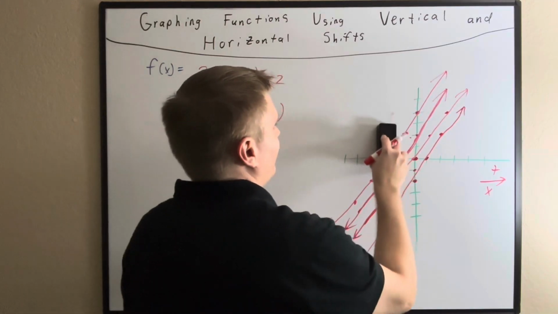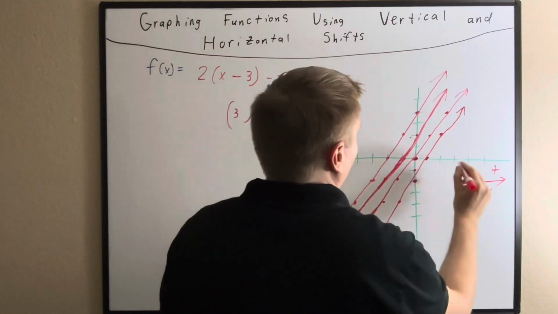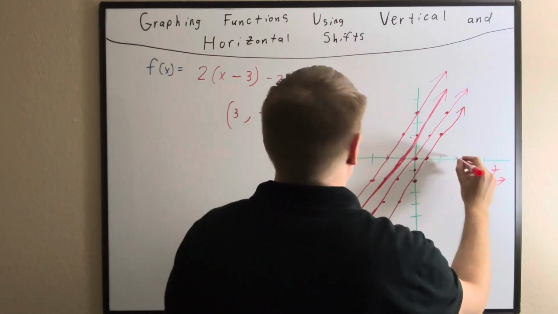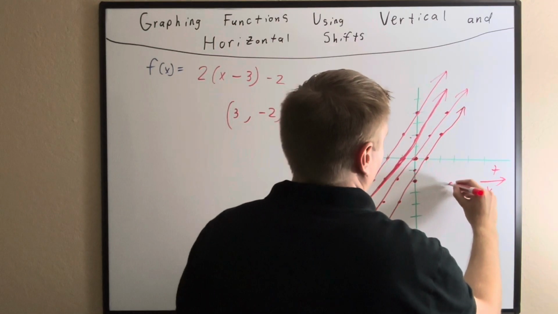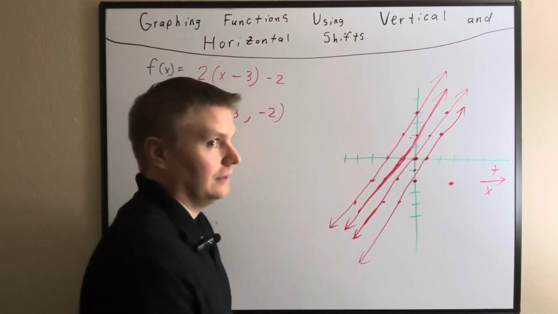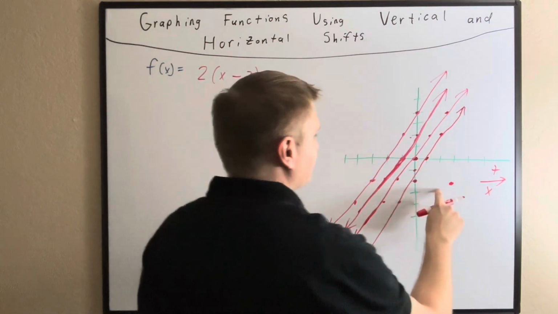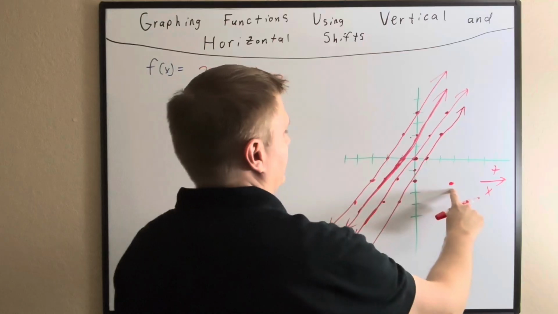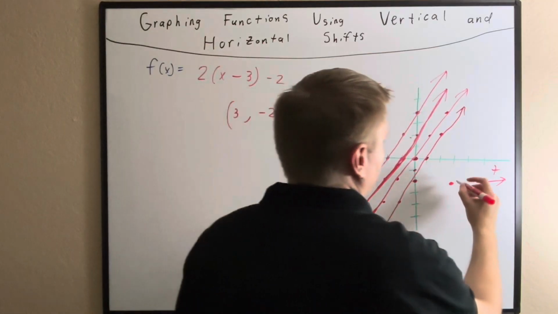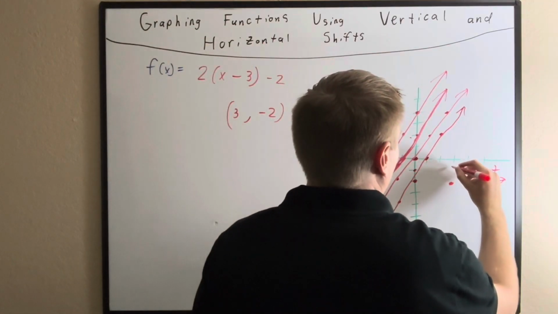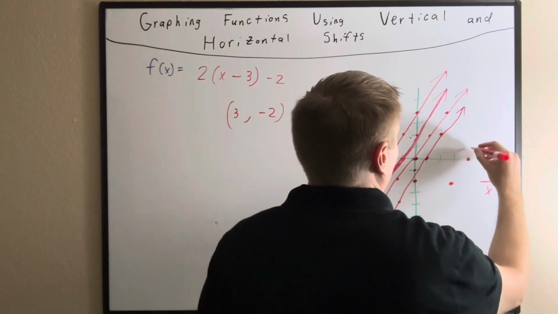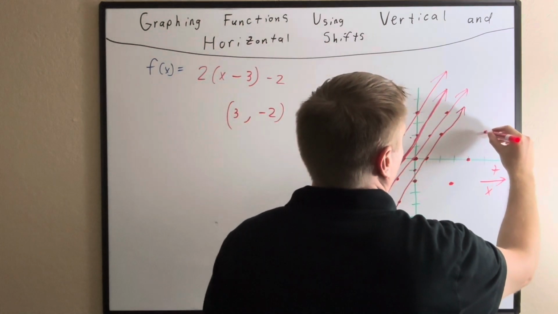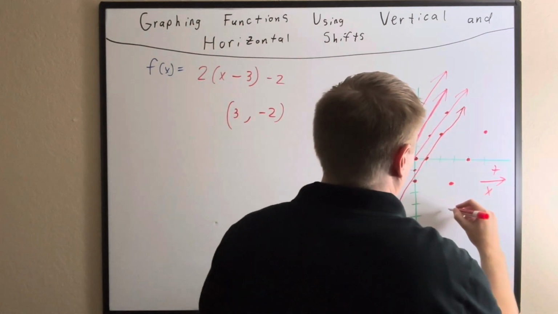Actually, what am I doing? Over 3, 1, 2, 3. Down 2, 1, 2. Ugh, sheesh. Didn't have coffee this morning. That is our new origin point, and our slope is still 2. So 2, 1, 1, 1.